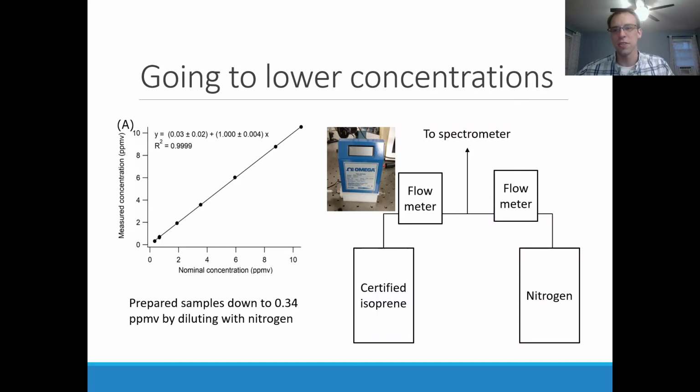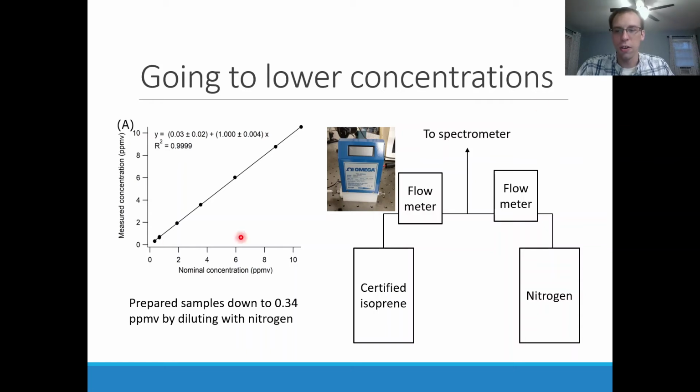We have our measured concentrations on the y-axis here. This is from least squares fitting of our data, compared to our known result. We can basically scale that based on the Beer-Lambert law and retrieve concentrations. And then we have our nominal concentration here, which is what we get from using the flow meters to determine how much the dilution factor is.